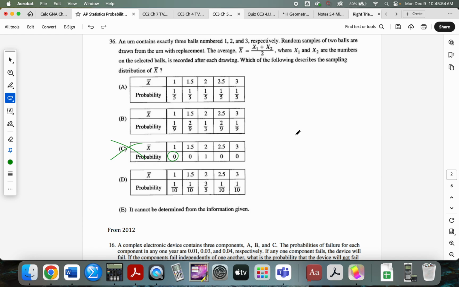All right, so how many different ways could you get 1 1/2? 1, then 2, 2, then 1. There's 2 different ways you could get that. Right?